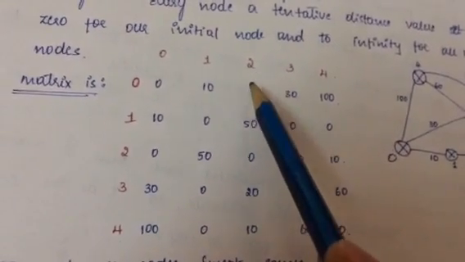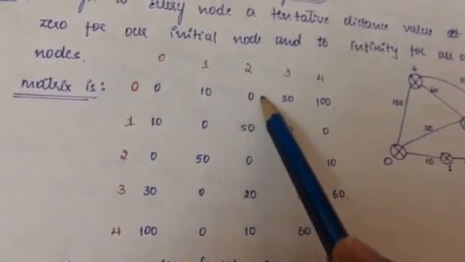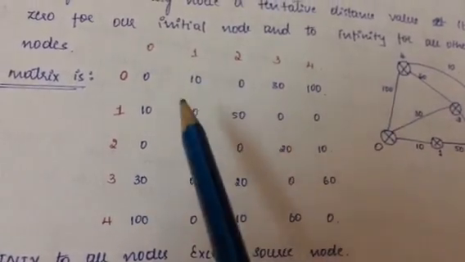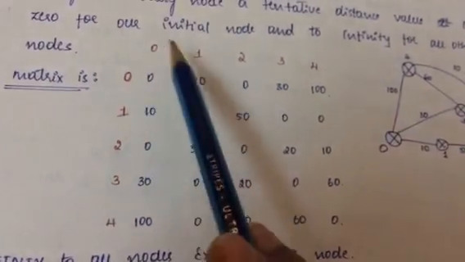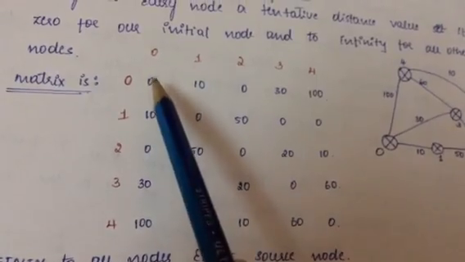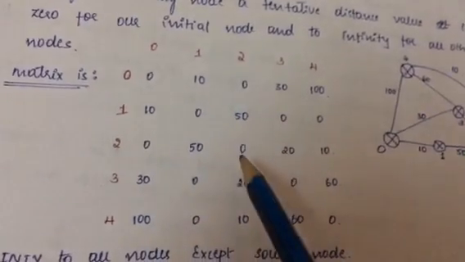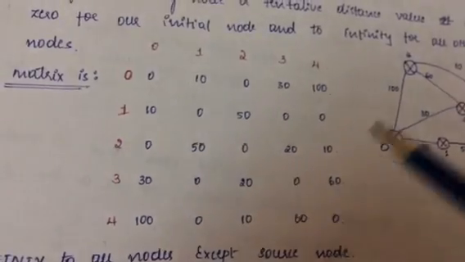It is not compulsory that you put 0 to 2 as 0 only. You can put any values, including 0, but one point you have to remember is that 0 to 0 is always 0, that is, from the source node to the source node the distance or cost is 0. The same way 1 to 1 is 0, 2 to 2 is 0, 3 to 3 is 0 and 4 to 4 is 0.